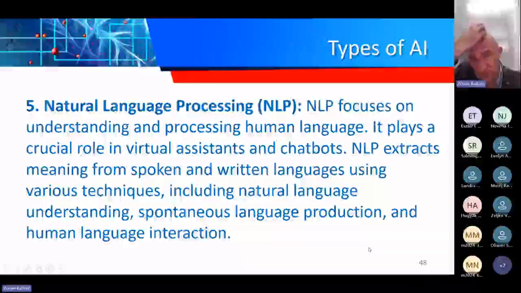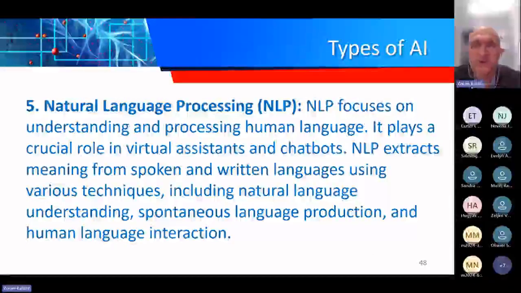One of the frequent types of applications of artificial intelligence tools is natural language processing. The idea is to develop an algorithm which could understand and process our natural language.